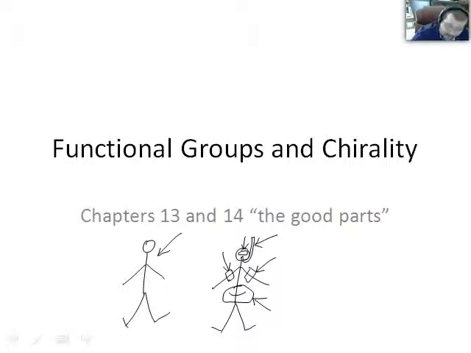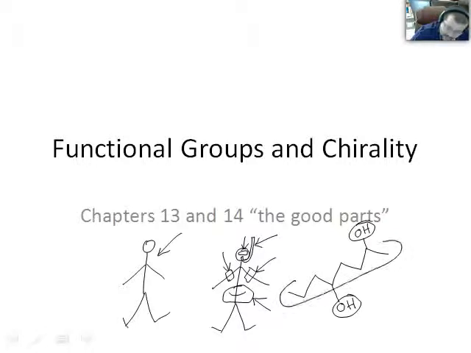We can think of the same way if we have a skeletal organic structure that's just a hydrocarbon, and then we can add something to it. We can add a group. Might be an OH group. I can add another OH group over here. If we just had a plain hydrocarbon, hydrocarbons like oils and gasoline don't interact well with water.